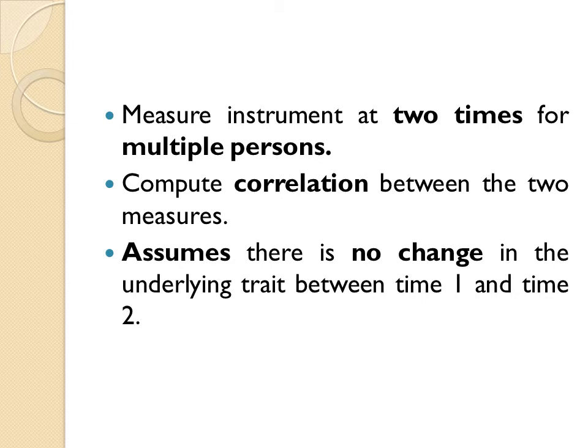To continue, you measure the instrument at two times for multiple persons. Just a reminder, you should not administer this to just one person. You have to administer it to a lot of people.